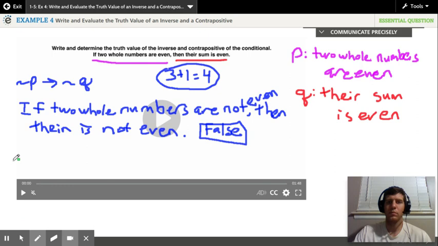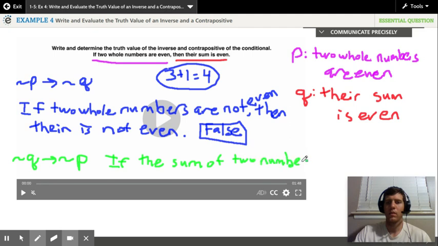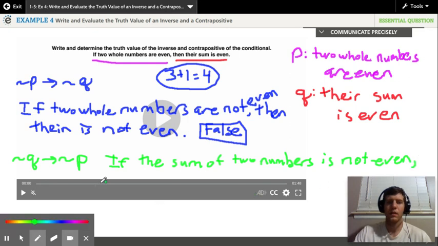So our contrapositive is going to be if not Q, right, then not P. So that's going to be if the sum of two numbers is not even, then the two whole numbers are not even.